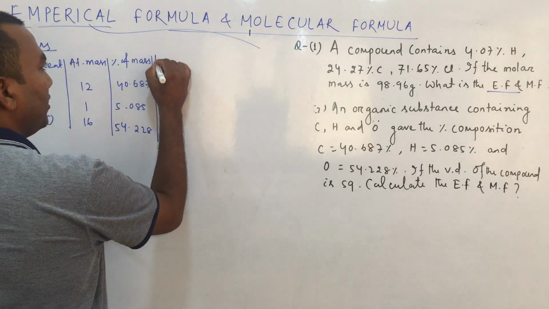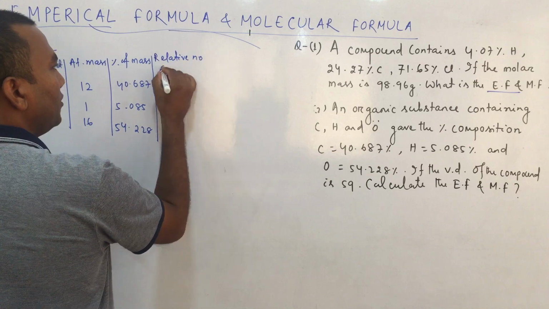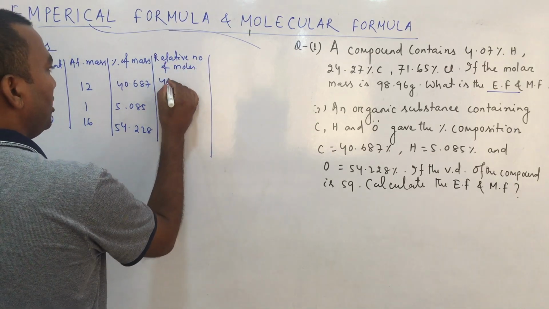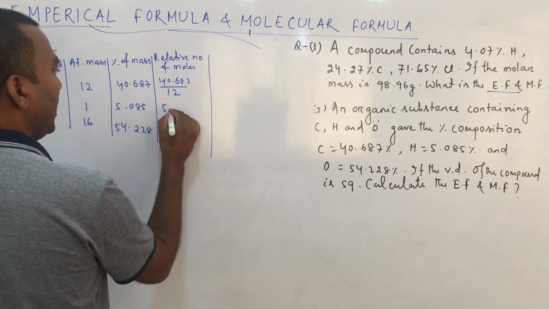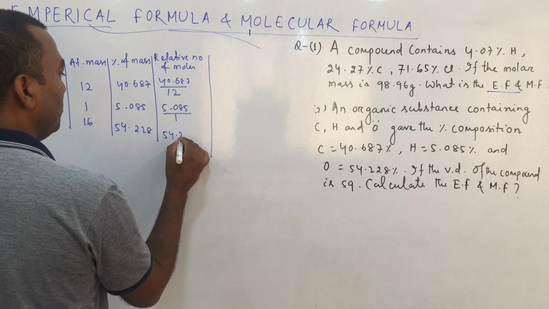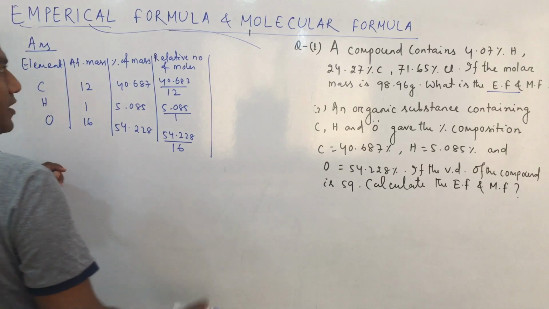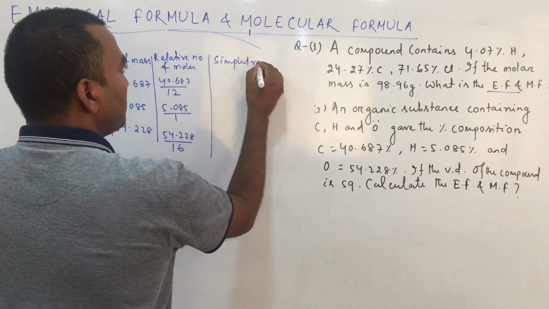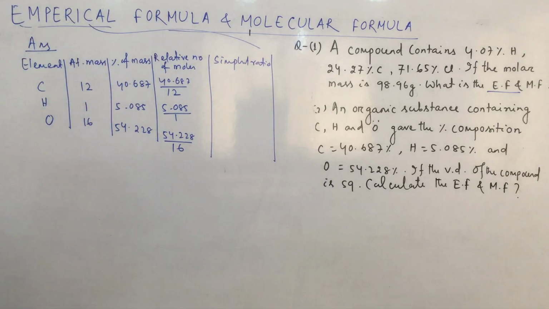Next we come to the relative number of moles: 40.687 by 12, 5.085 by 1, 54.228 by 16. Next is the simplest ratio.